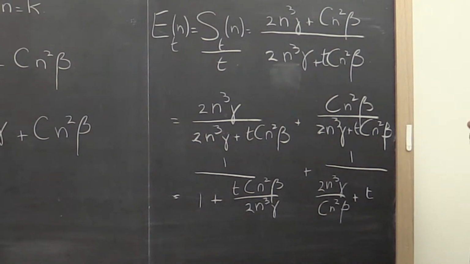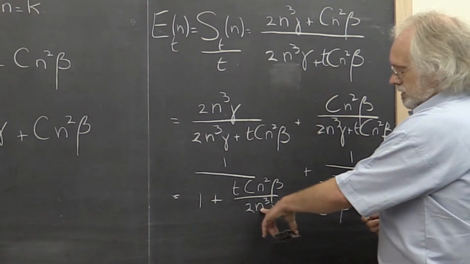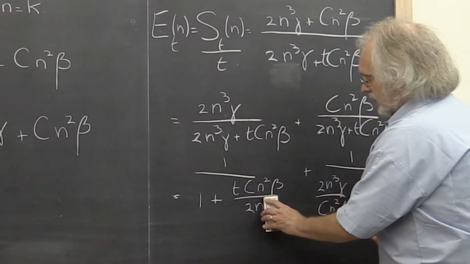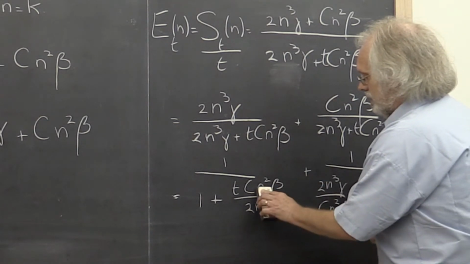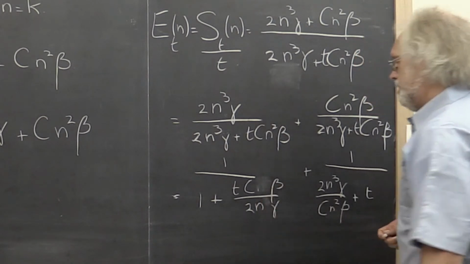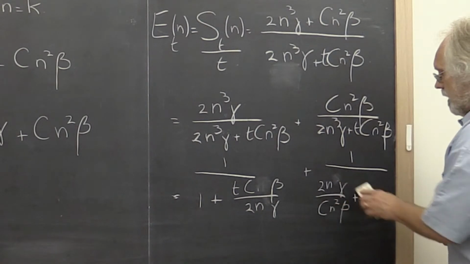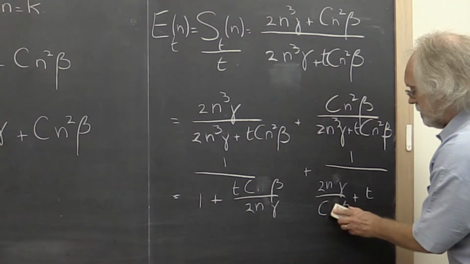Okay? And then we can cancel the n cubed against the n squared, and we get an n on the bottom, and this here disappears. And then over here we can leave an n up the top and take away the n squared on the bottom.